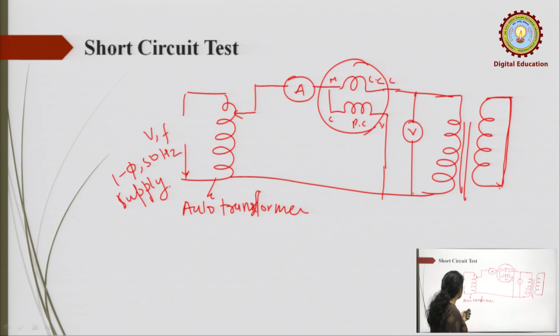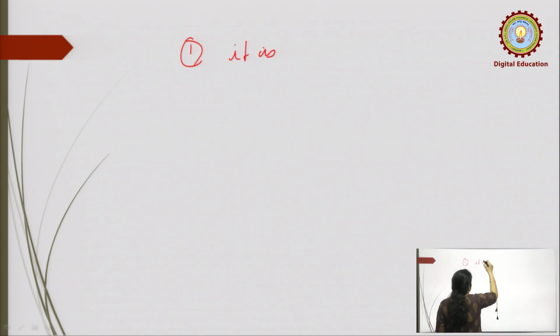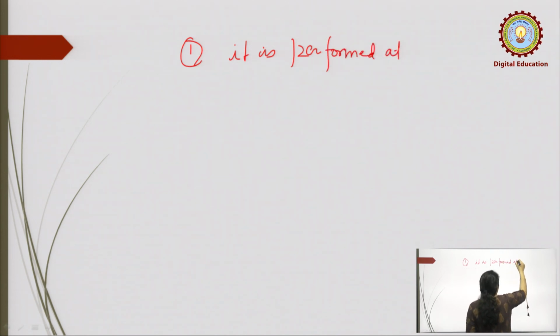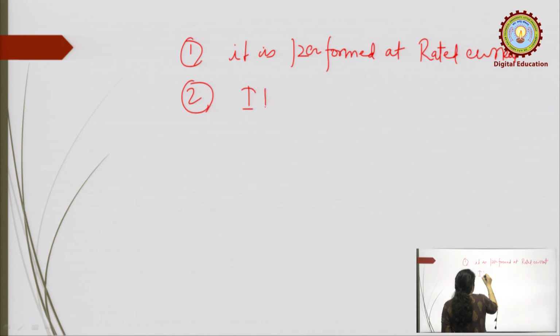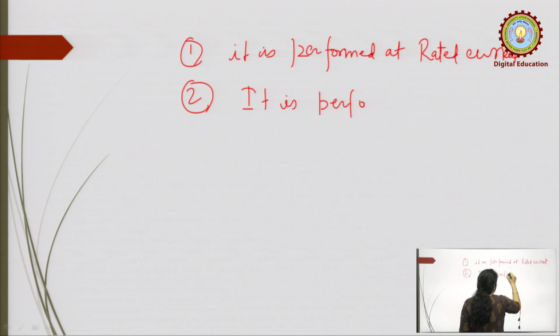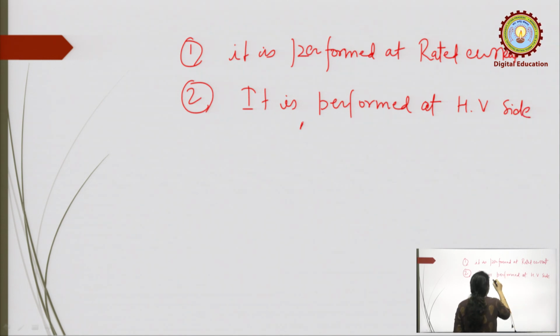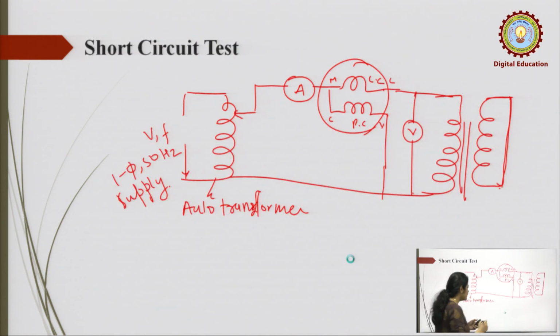In the short circuit test, first it is always performed at rated current, and second, it is always performed at the high voltage side.